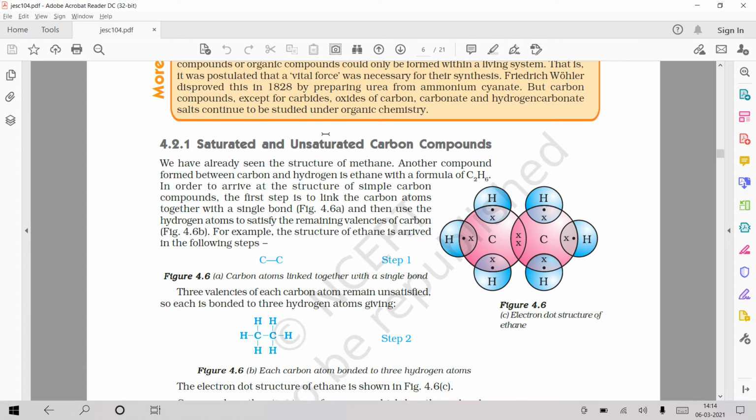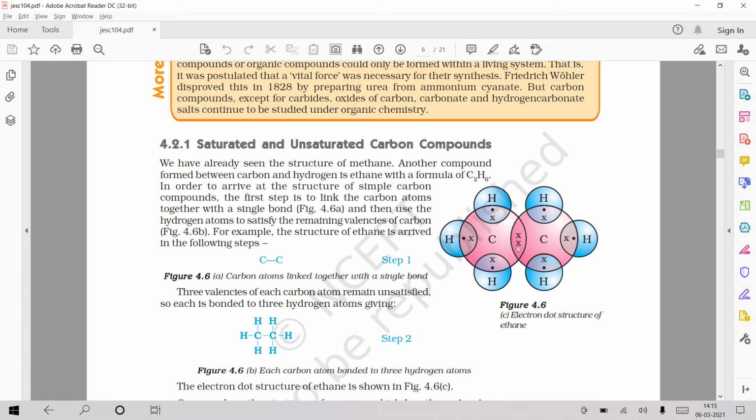10th class Science, Lesson 4 Carbon and its Compounds. In the previous two videos, we have seen carbon and its versatile nature of having tetravalency and catenation. Because of that, carbon forms a huge number of compounds. And we have also seen saturated and unsaturated compounds.